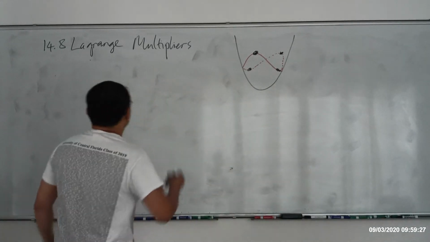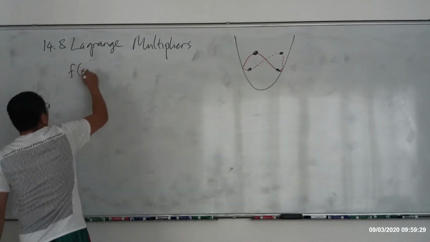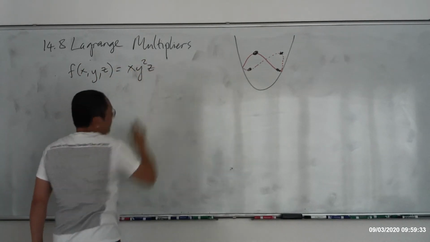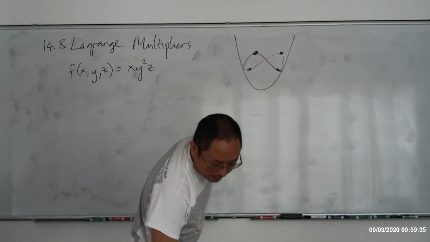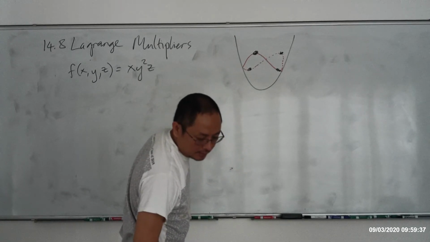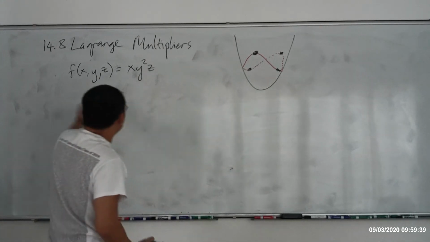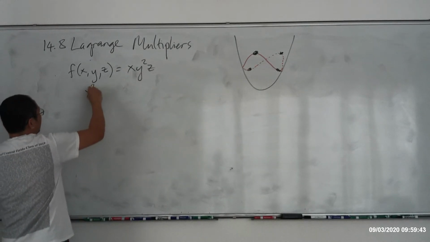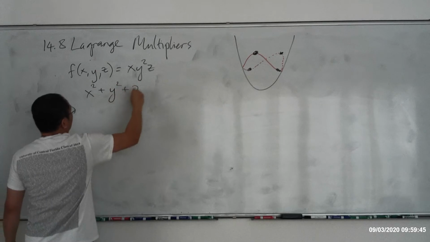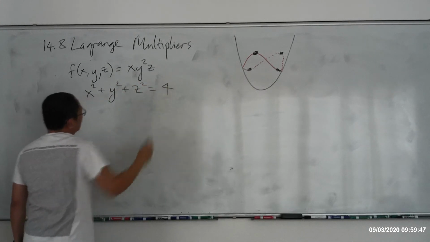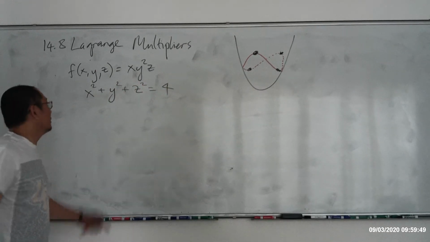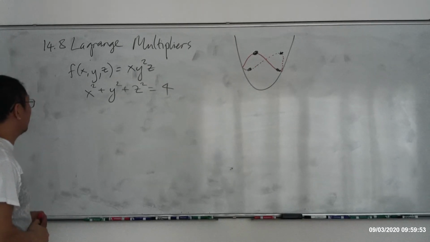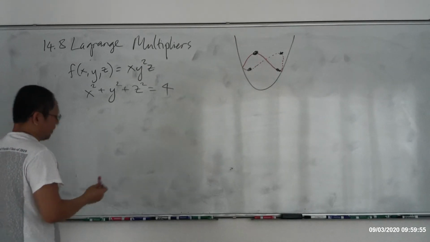Let's try it. f(x, y, z) is equal to x y squared z, and this is the function, right? Find the maximum minimum value of that function, satisfying the condition x squared plus y squared plus z squared equal to 4. So I'm unable to graph it anymore. It's too big for me, but I can solve my maximum minimum value using Lagrange multipliers.